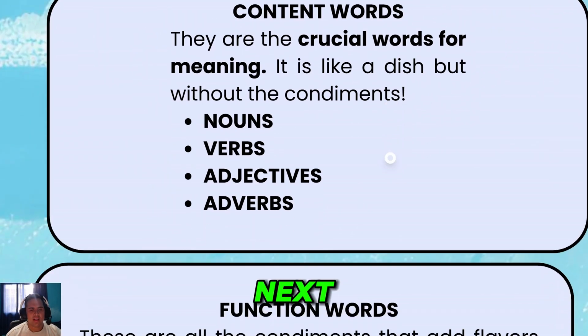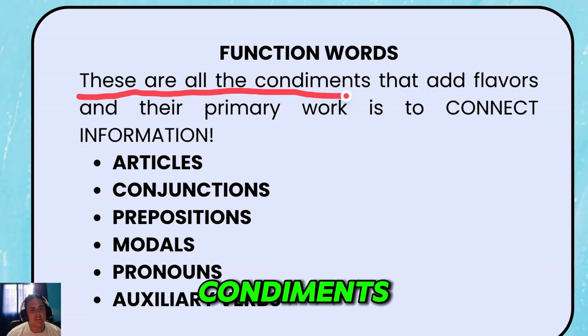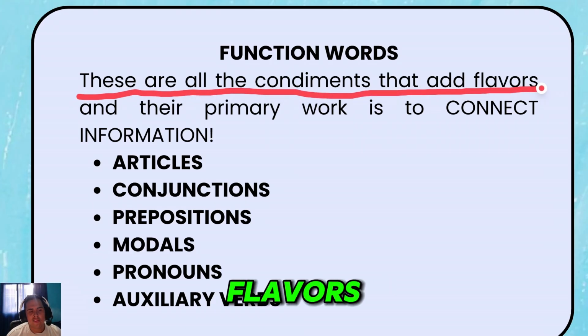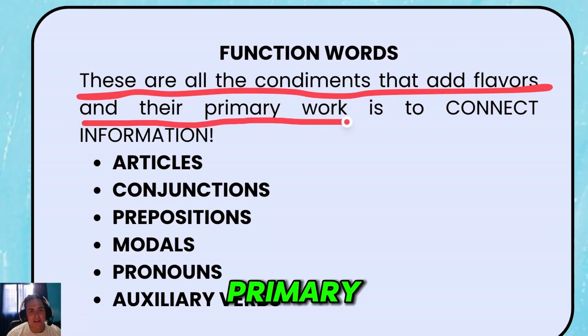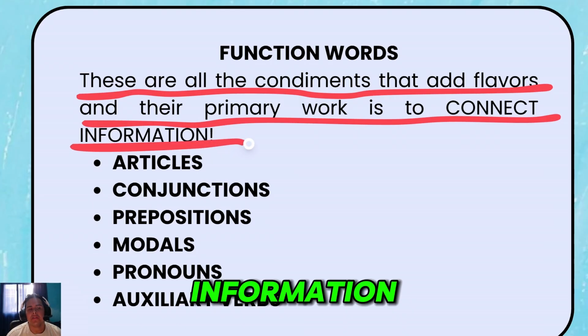But what's next? We have the function words, and we have a lot of function words. These are all the condiments that add flavor, and their primary work is to connect information.